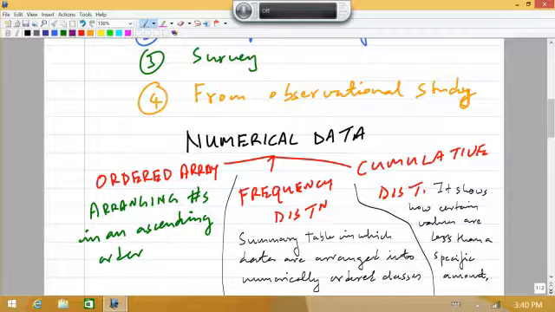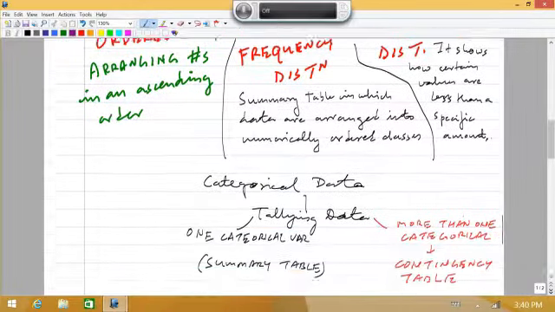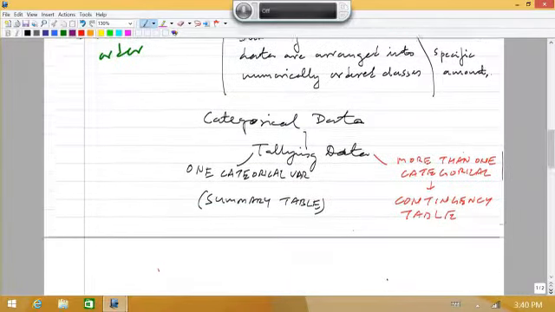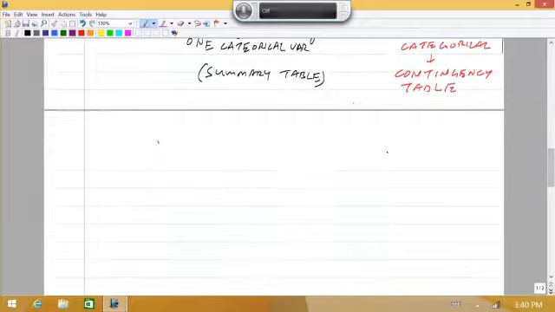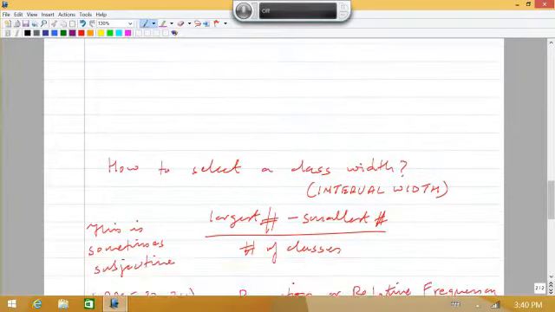Again, it shows how certain values are less than a specific amount. So these are the two broad categories or ways we treat data.